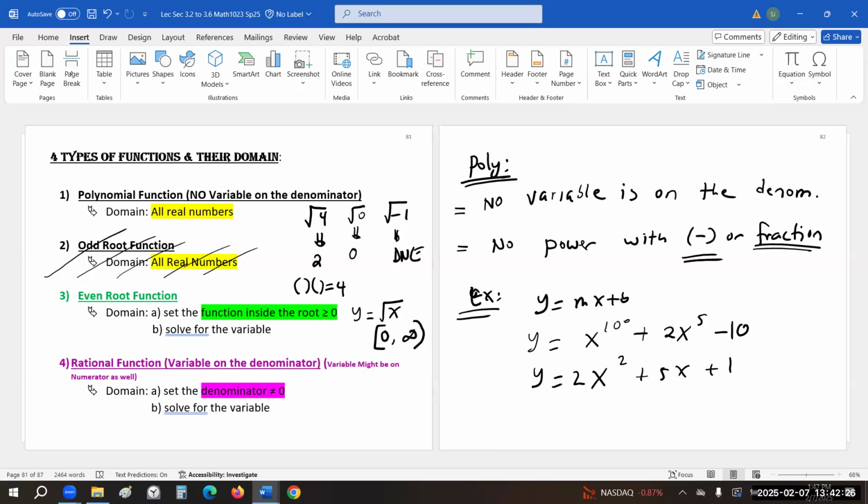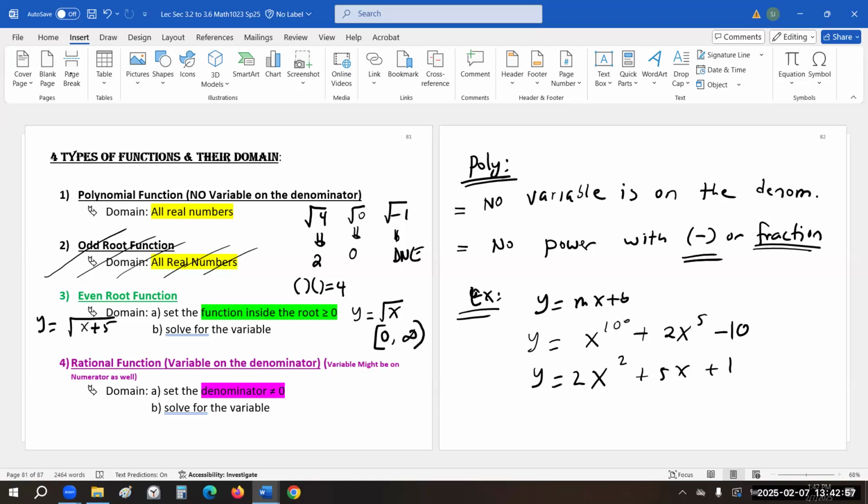Now, we would like to know about the domain for any type of even root function. For example, y equals, let's say, square root of x plus 5. What is the smallest number you can plug in that function for x? 0, okay? If you plug in 0, you get 0 plus 5, square root of 5. But can't you plug in anything smaller than 0?